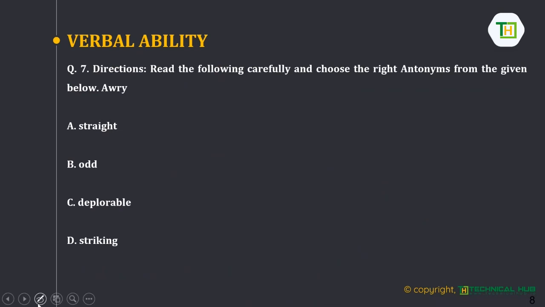So the seventh question. Directions: read the following carefully and choose the right antonyms from the given below. Okay. So what is the question saying? Please read the question twice. You should know whether the question is asking about a synonym. Sometimes they will not give synonym directly. They'll say appropriate meaning or the same meaning conveying word.